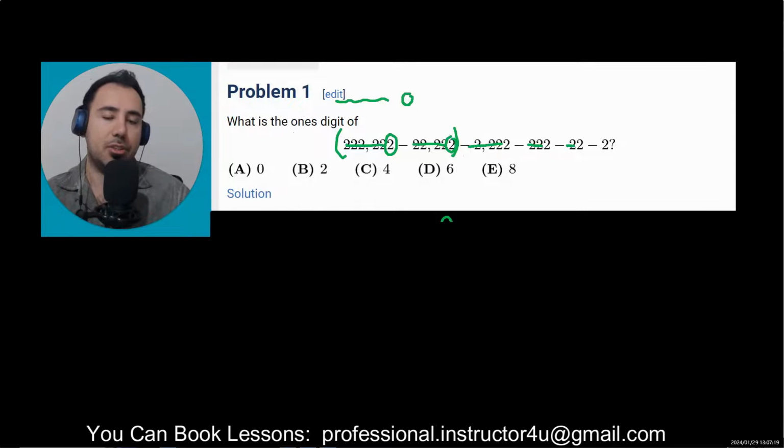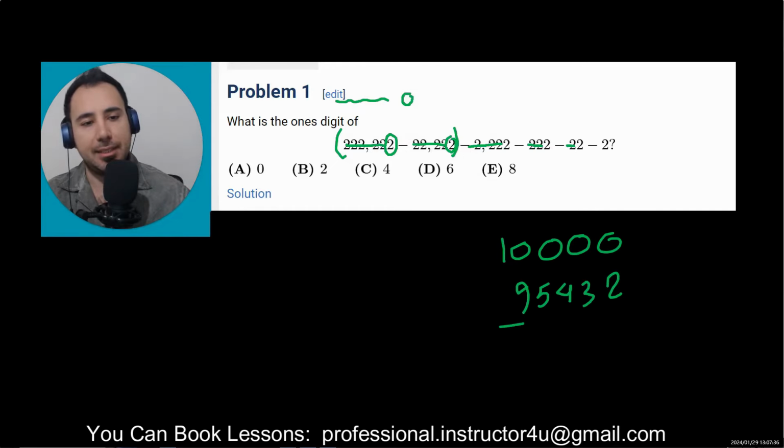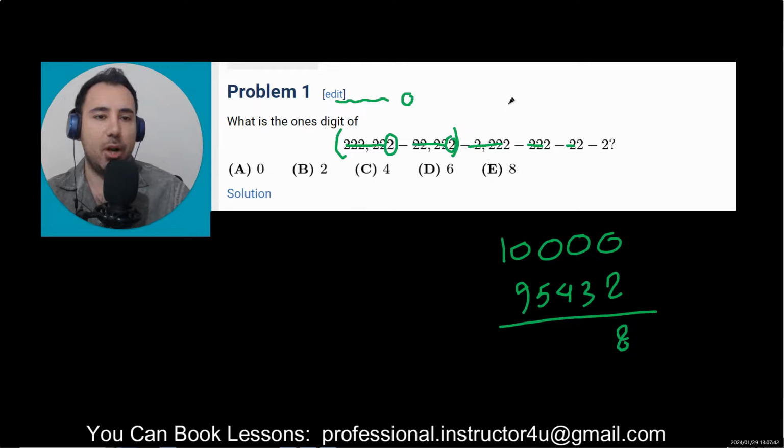You just assume what happens when I do 10 minus 2, for example. Or if you have 10000 and then 2 here, you could have any number, 3, 4, 5, 9, who cares? As long as this is happening, the units digit will be 8. So after we do up to here, the units digit is 8.